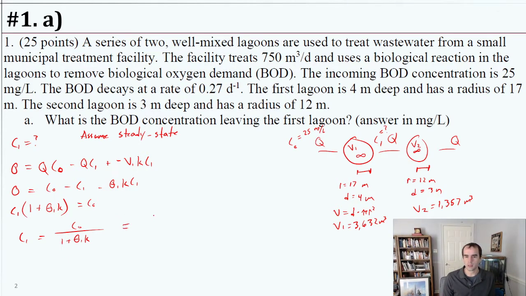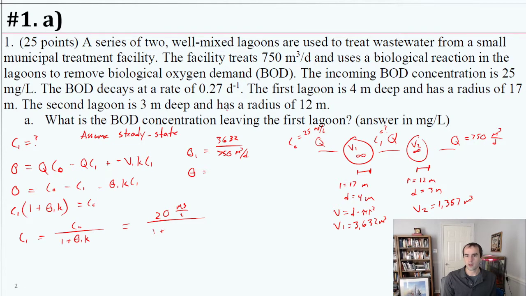That's going to be that 20 milligrams per liter divided by 1 plus, we need to solve for theta. So theta 1, that's V over Q. So that's going to be 3,632 divided by our Q, which was 750 cubic meters per day. And one thing we'll notice here is this gives us a value in days.